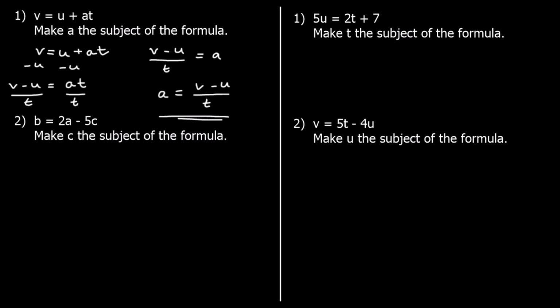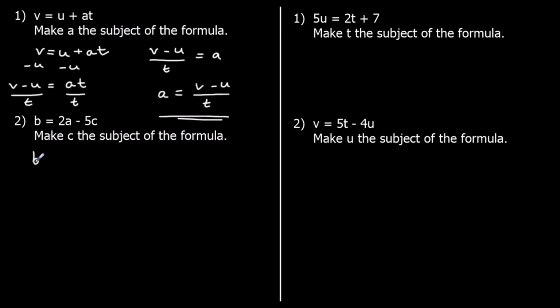The second example, we have b equals 2a minus 5c. Make c the subject of the formula. So we need to get c by itself. There are two ways that I could do this, and I'm going to show you both of them. I prefer this way.